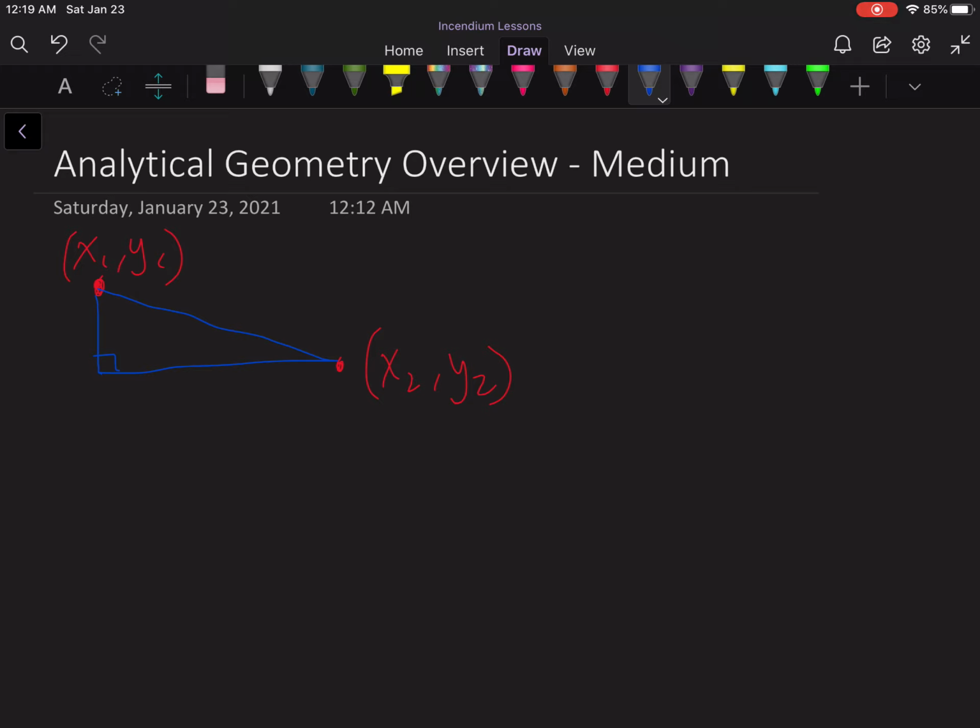By the Pythagorean theorem, the distance is the square root of the first side, which is the difference in the x coordinates squared, plus the difference in the y coordinates squared.